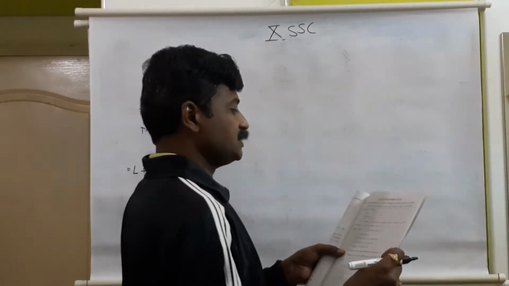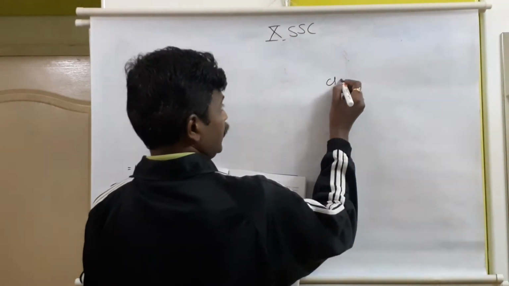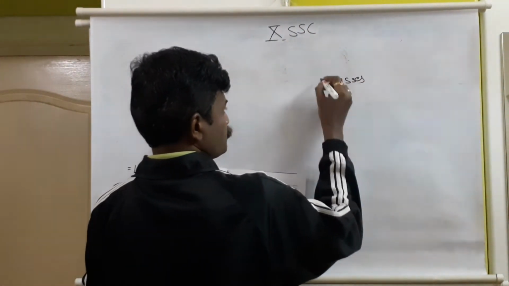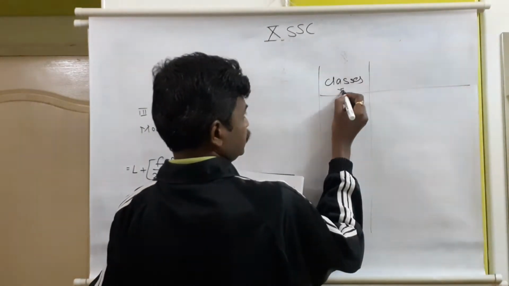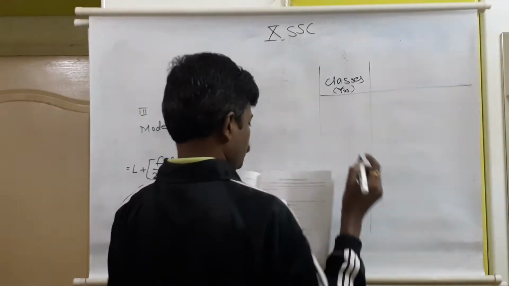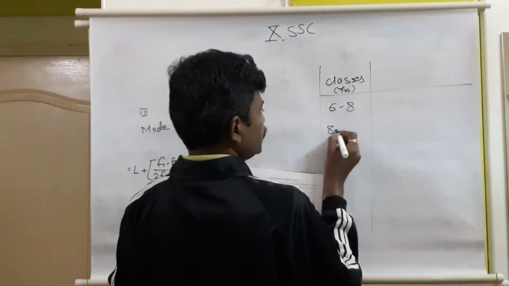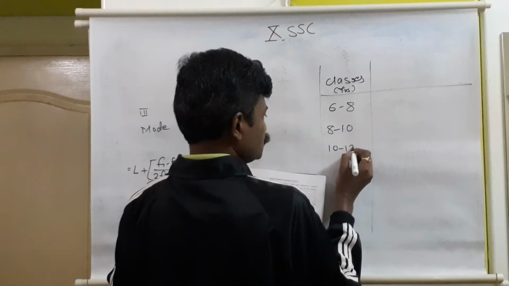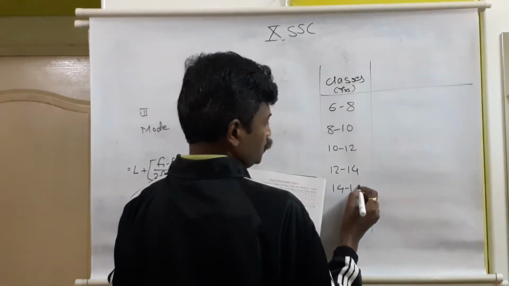Here, the age group of children in years is given, so it will be our classes. First is 6 to 8, second group is 8 to 10, then 10 to 12, 12 to 14, and then 14 to 16.